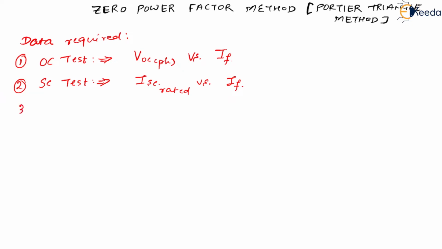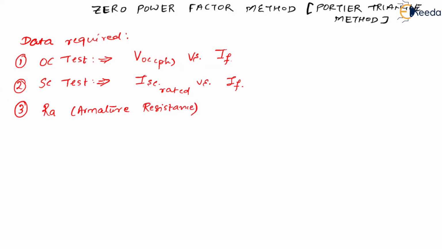Also we need the third thing, which is the armature resistance value, RA.